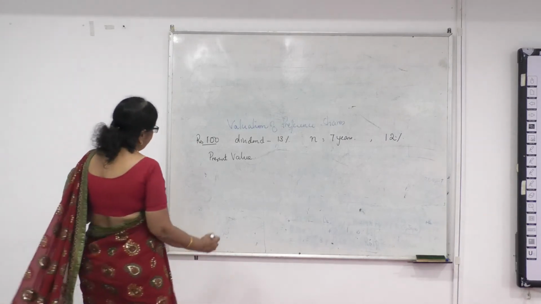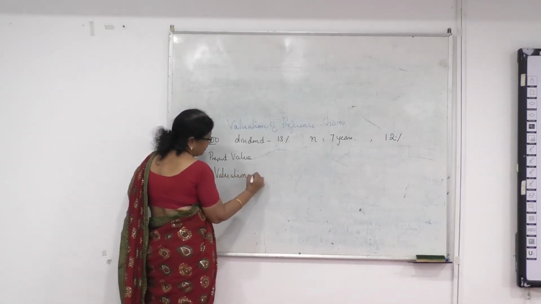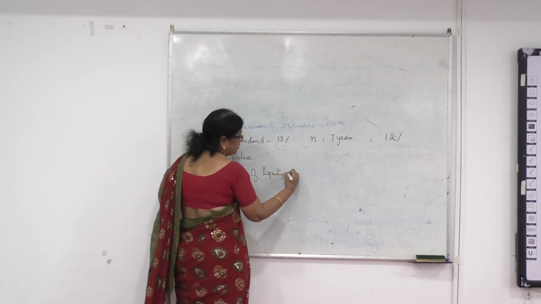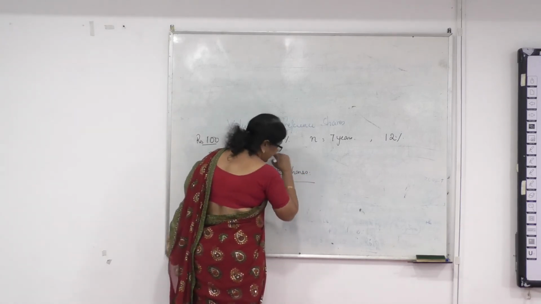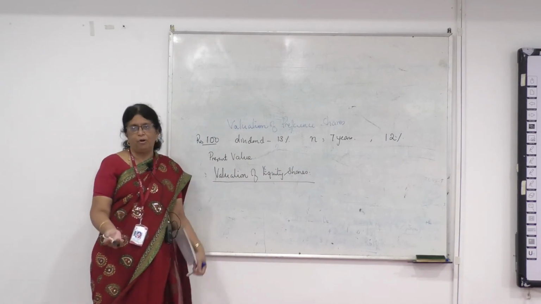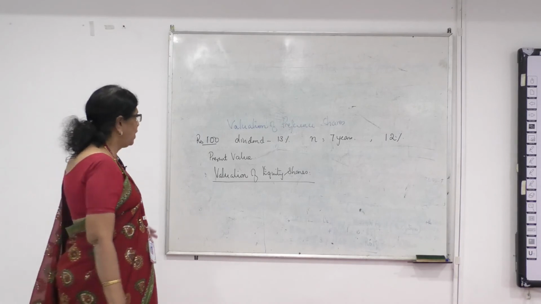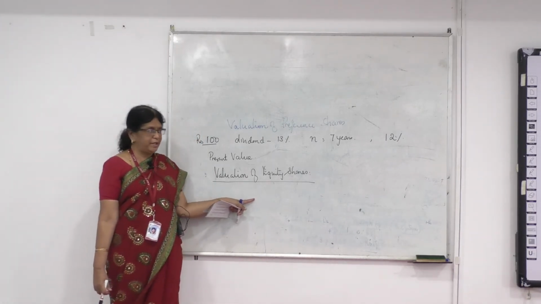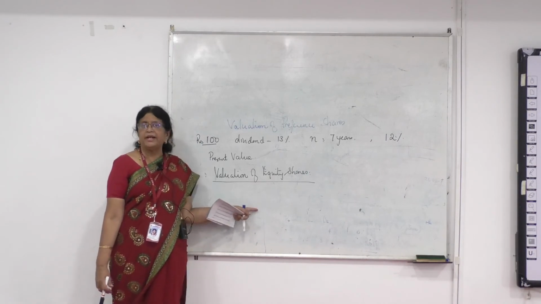Now, when we move on to valuation of equity shares, it is a very complicated affair and it is not that easy as compared to valuation of bonds or valuation of preference shares. Why is it so? It is so because when I buy an equity share, the company does not tell me what will be the rate of return I can expect on it.